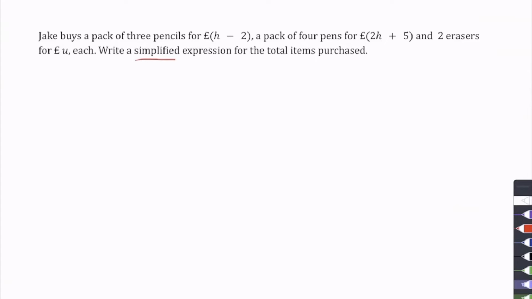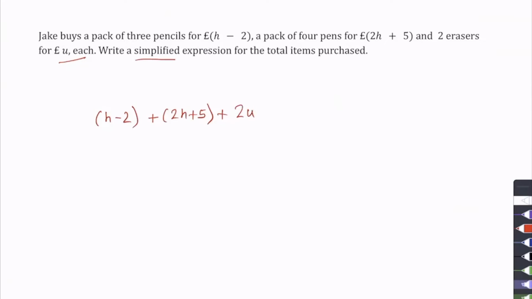So Jake buys a pack of 3 pencils, and that pack is costing him H minus £2. So H minus 2 for the pencils. He's also buying, so we're adding a pack of 4 pens, and those 4 pens cost 2H plus £5. Also, he's buying 2 erasers, which are U pounds each. So that is 2 times U.